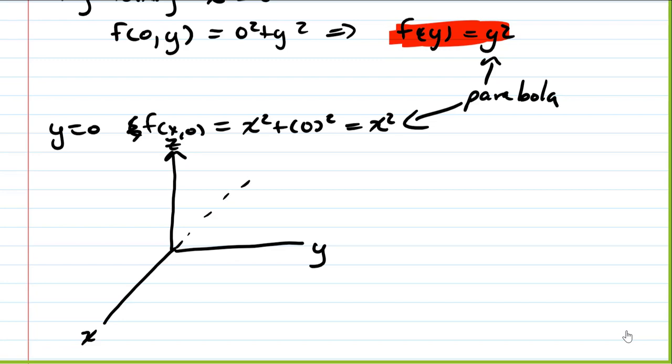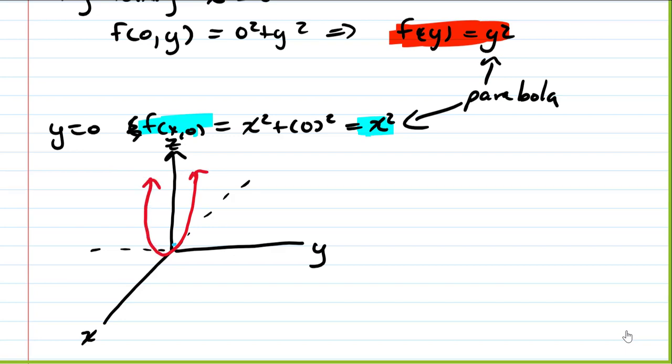So this would be a parabola centered on the y-axis. And similarly, if we were to visualize this one right here, our f of x equals x squared, well, that would take place when our graph was on the x-axis, and it would look a little terrible. Let's see if I can get a better picture.